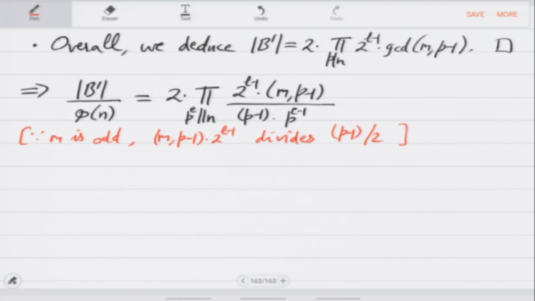Because p minus 1 by 2 is divisible by 2 raised to L minus 1, okay, which is all that appears in the numerator. 2 raised to L minus 1 appears, the remaining part is odd. So this part is odd. So hence the numerator divides p minus 1 by 2.